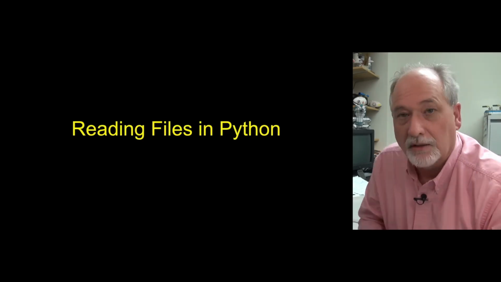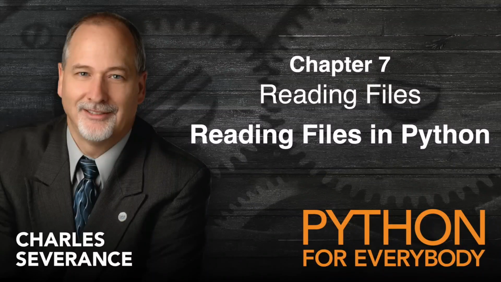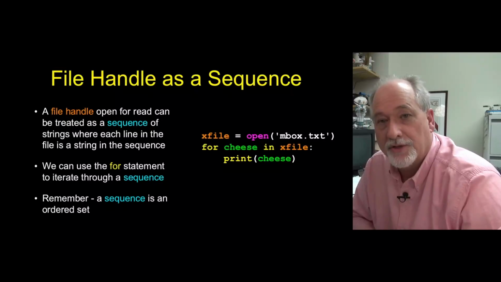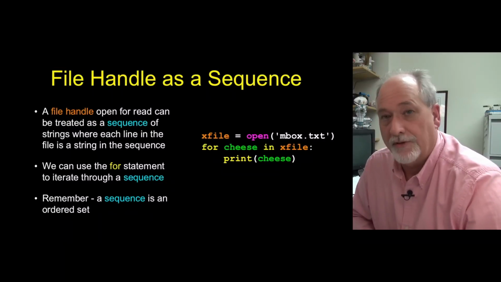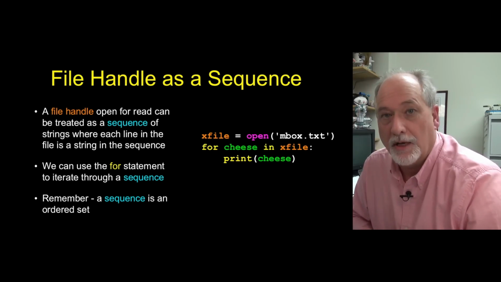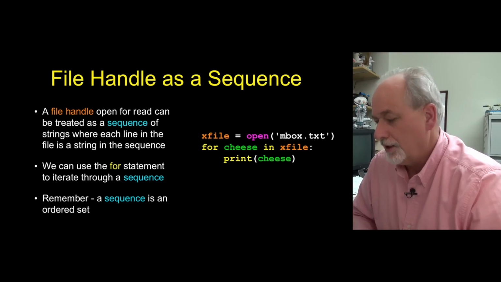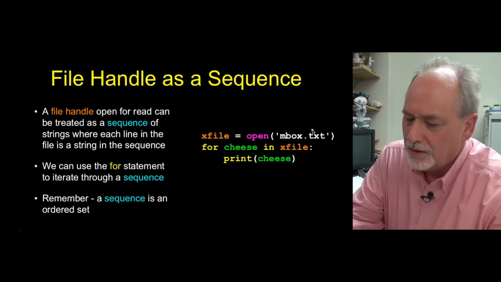So up next, I'm going to talk a little bit about how to read files in Python. We're going to find that there's a number of different ways that we can read through the file, but the most common way is to treat it as a sequence of lines, and we're going to use the definite loop, the for loop, to do this. What happens here is we get back this handle that opens the file.